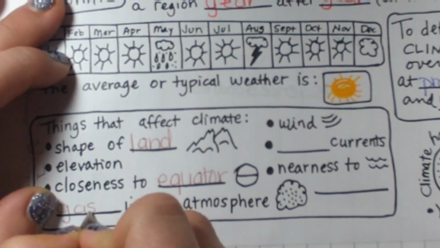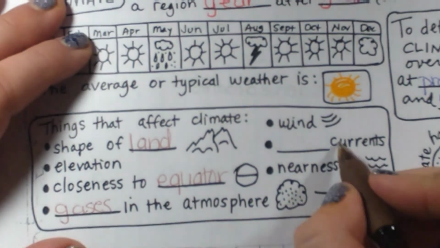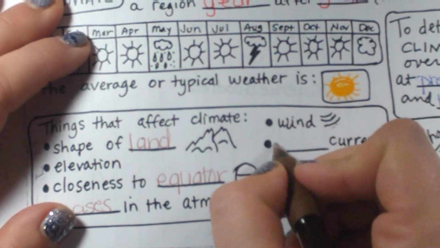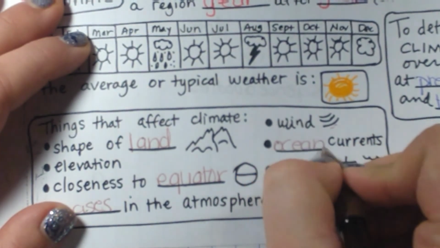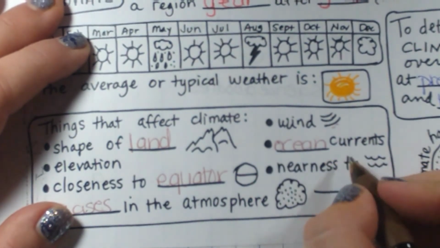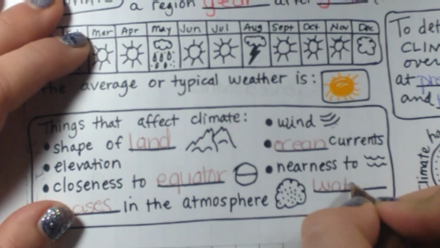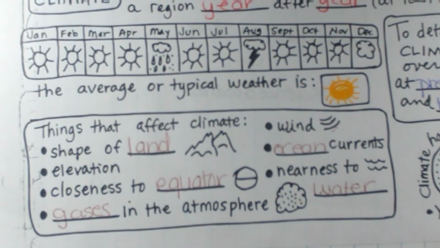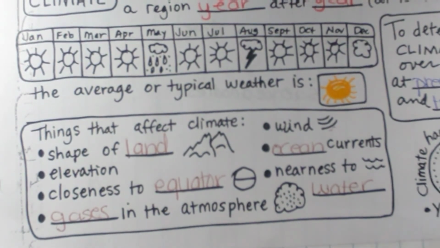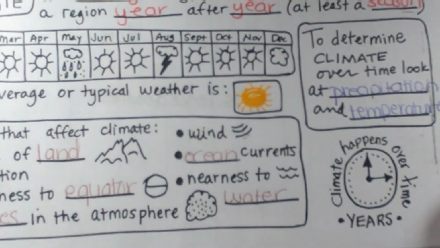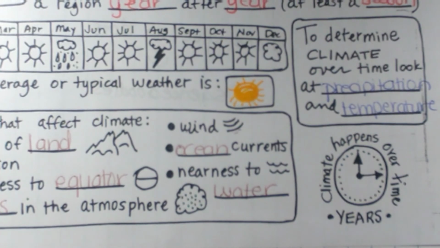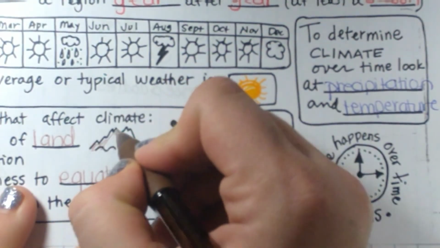The gases in the atmosphere, the winds in that area, ocean currents, and the nearness to water. So climate happens over time. So this is our mapping the weather.